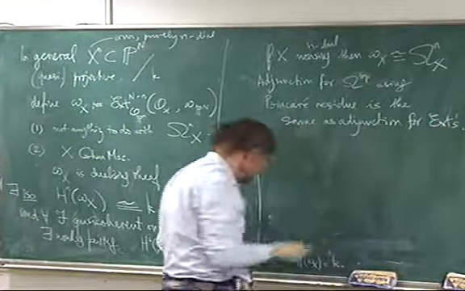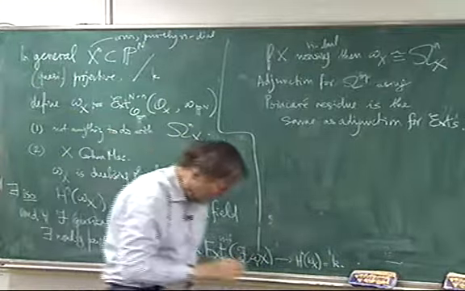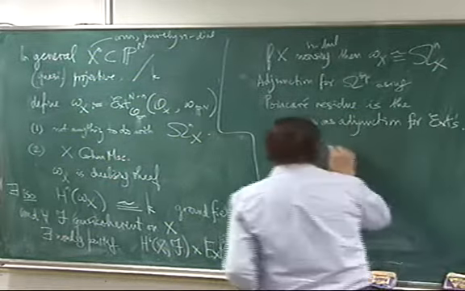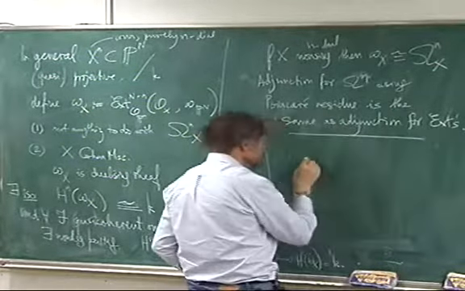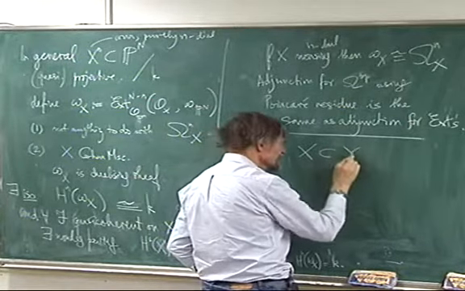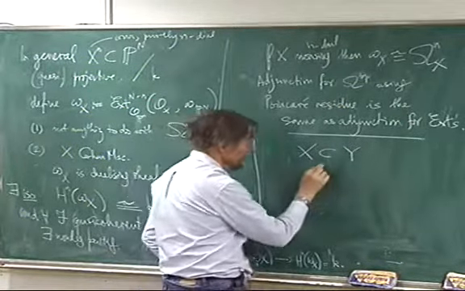Okay, so I'm going to give an illustration of this. I'm going to tell you the case that I really want, which is how to go from a surface down to a curve. Namely, suppose I've got X in Y, and suppose this is codimension 1.